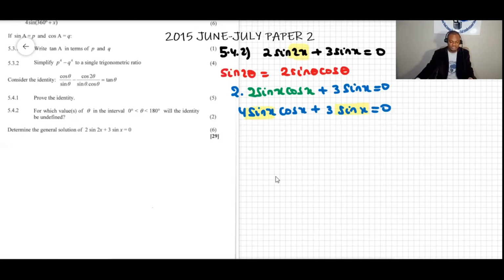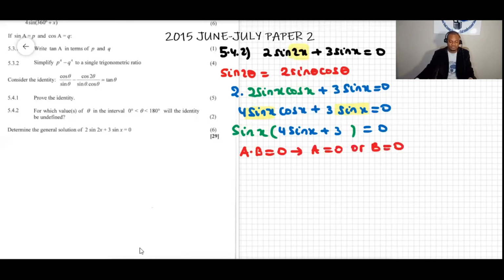So this will be sine x, open bracket, over there will be 4 cos x plus 3 equal to 0. Now there's a property in math that says if we have a times b equal to 0, this implies that a equal to 0 or b equal to 0.